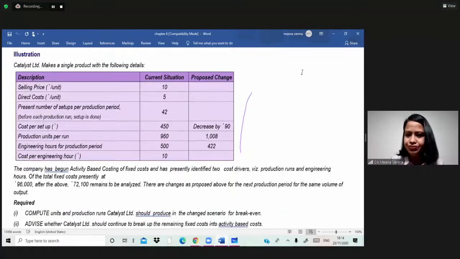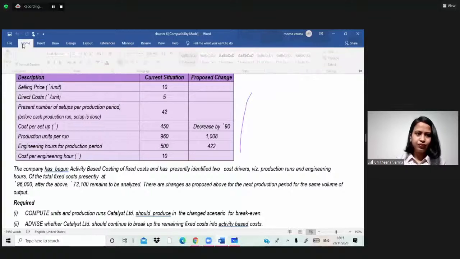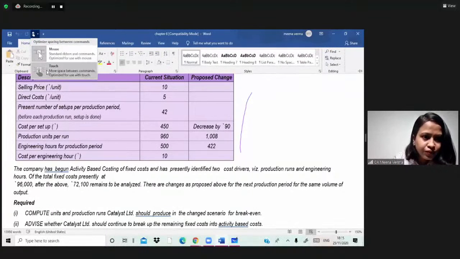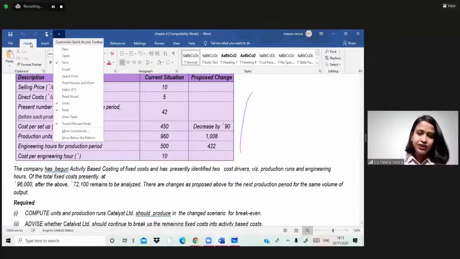Please read this question, and if you have done the reading portion, please let me know.